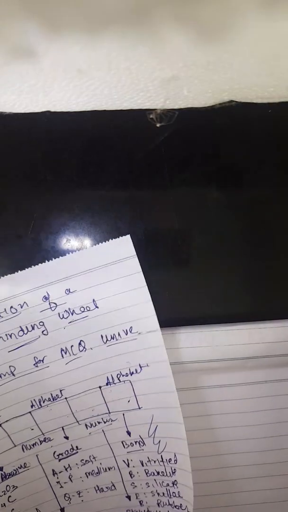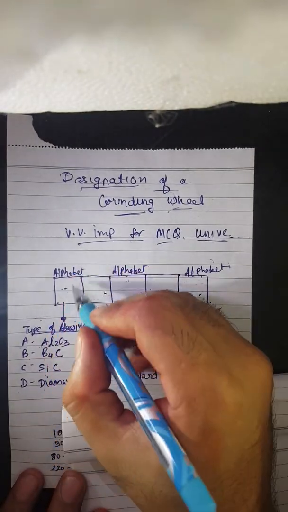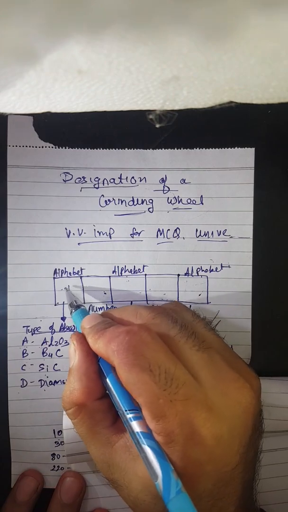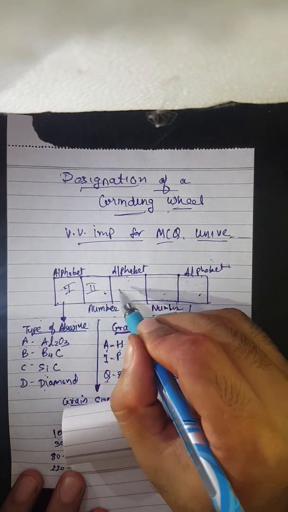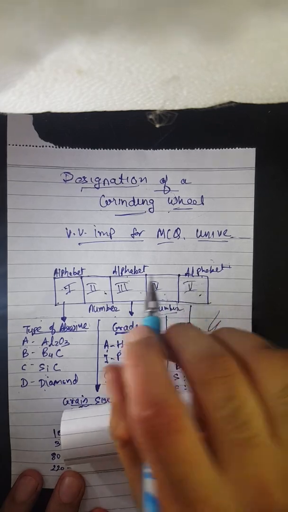Now we'll see each of these blocks in much more depth. I'm keeping this page here for reference. This is the first block, this is the second block, this is the third block, this is the fourth block, and this is the fifth block.